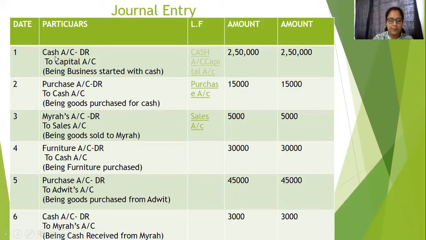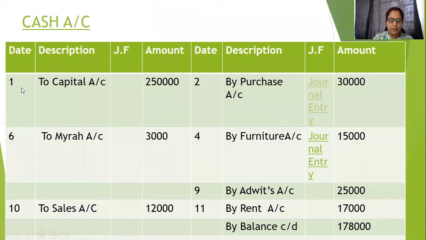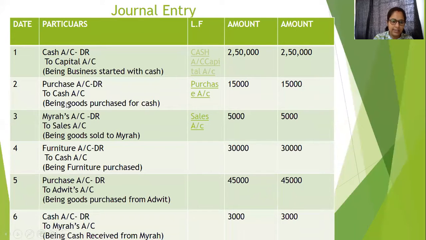So when we prepare the ledger account of cash, we will write as it is on the debit side, because cash is debited here. So when you check the cash account, what we have written, the first entry is to capital account. The amount is 2,50,000. We will again check whether there is any other cash related transaction. Yes, there are many cash related transactions.